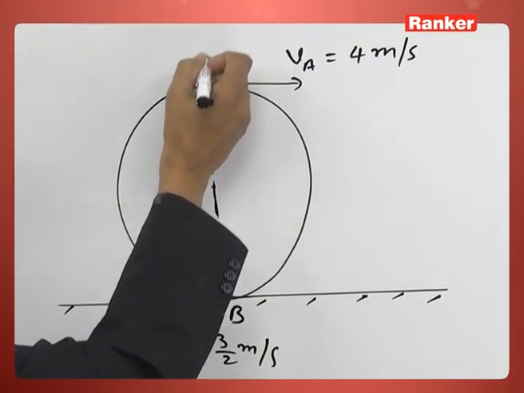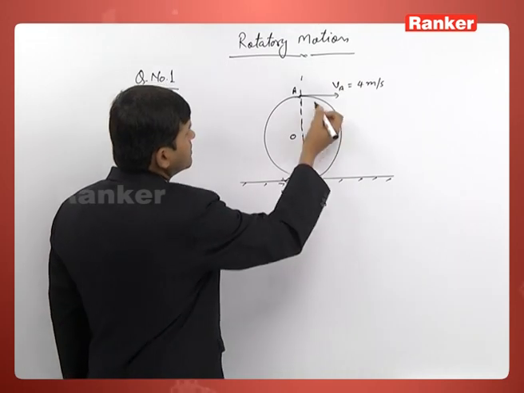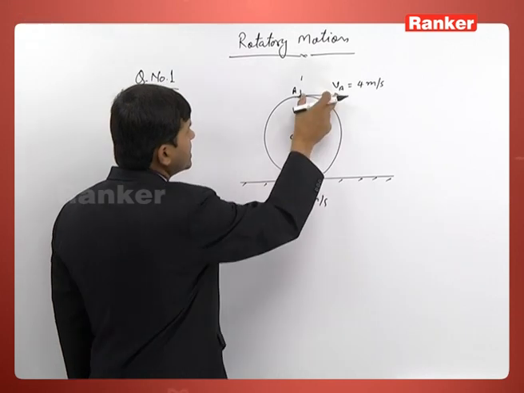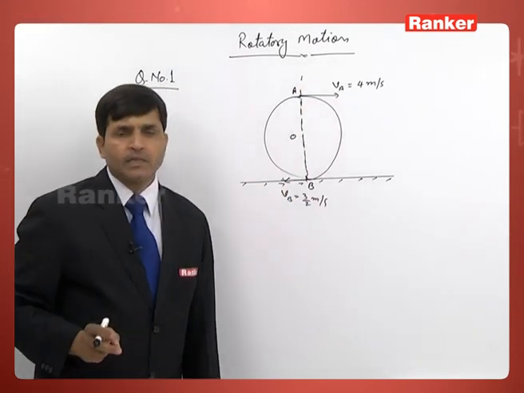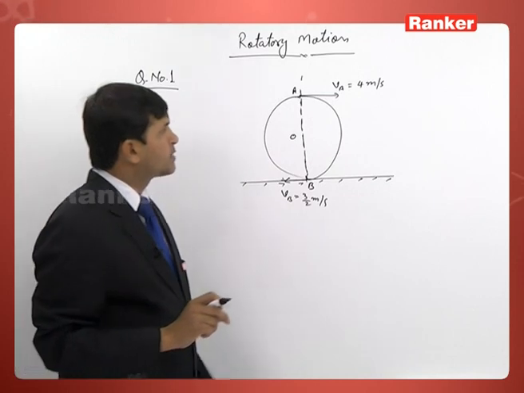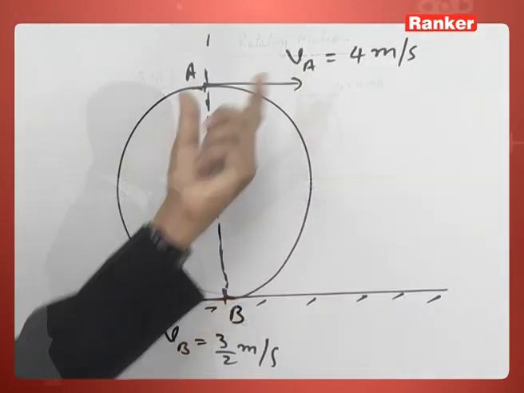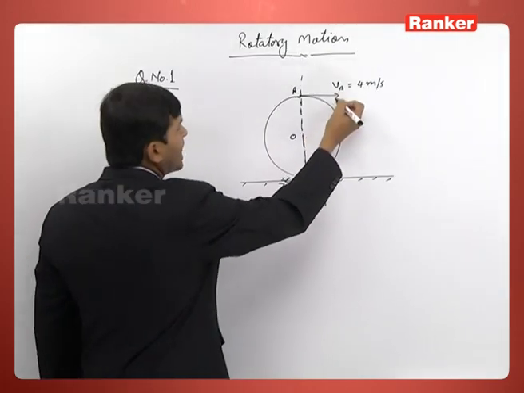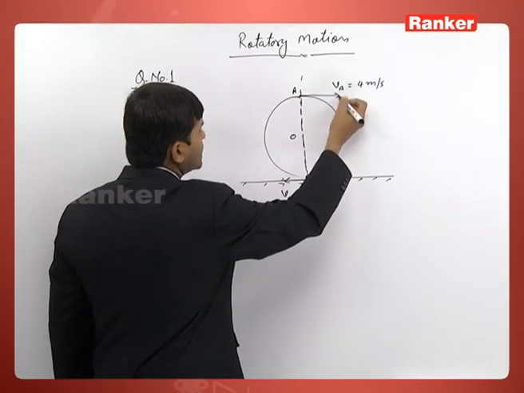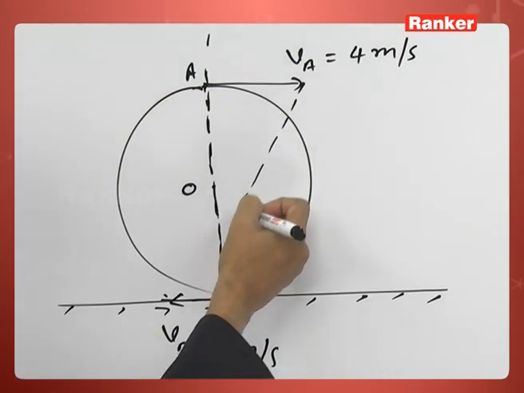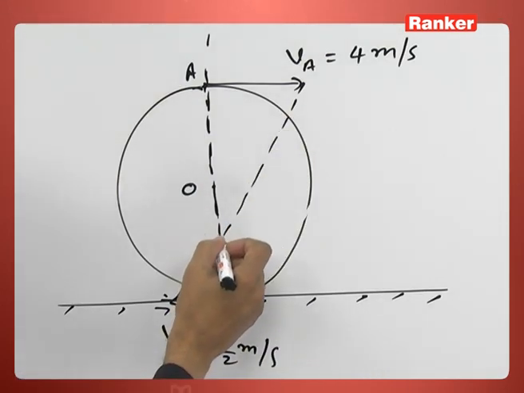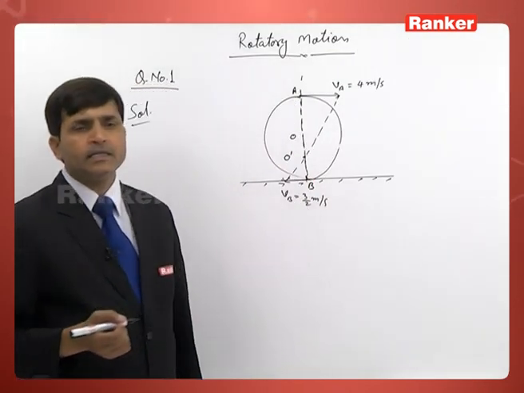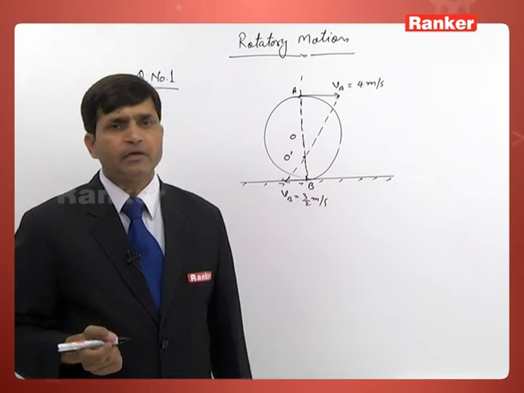The velocity vector of A is VA, the velocity vector of B is VB, and the length of the arrow represents the speed: this length represents 4 meter per second, this represents 3/2. If we connect the heads of these arrows like this, this point, let us call O dash, is the instantaneous axis of rotation.